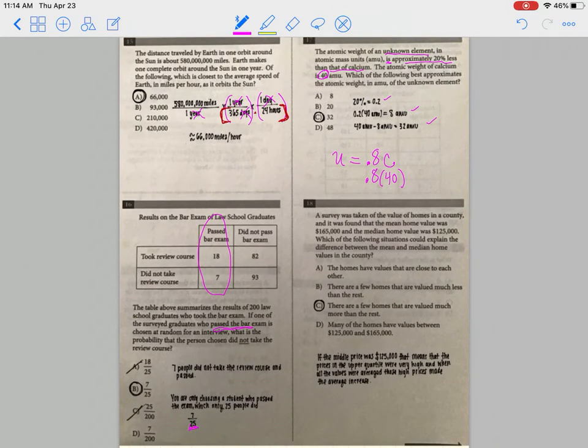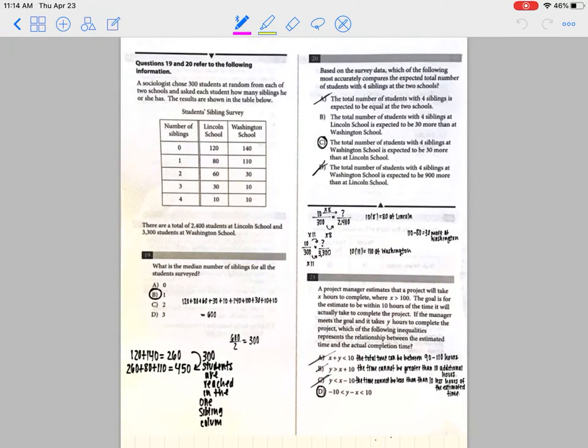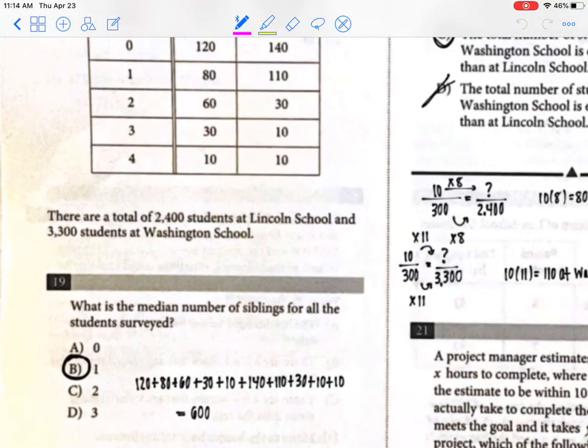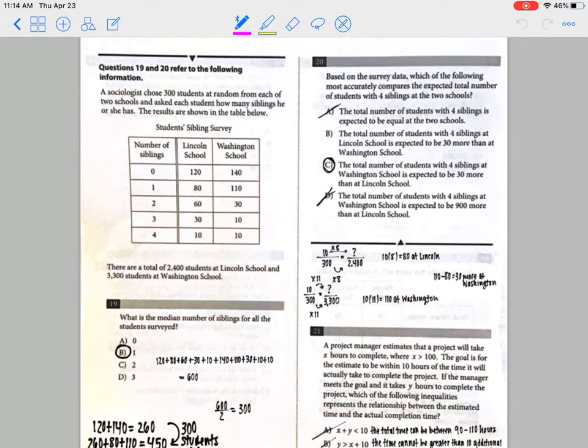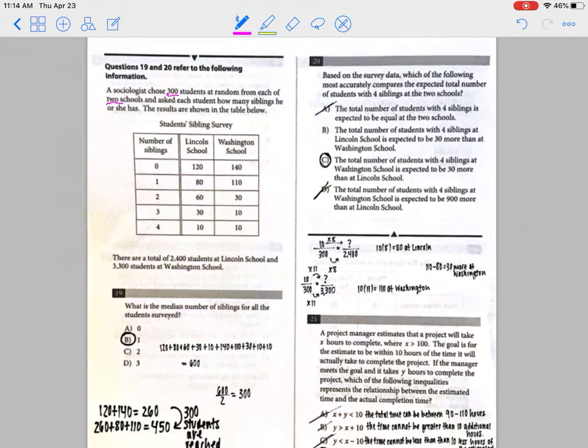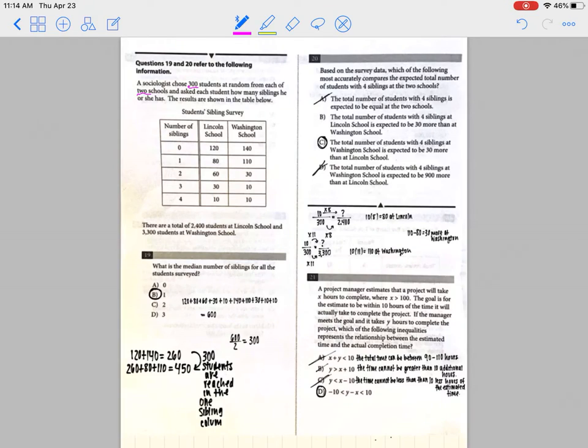All right, I'm going to move on to 19. 19, I was like, what do you mean you have a question on what the median number of siblings is? But I can see here you're not just lining up 300 for 2 schools, so that you're not lining up 600 pieces of data. That's ridiculous, and seeing which one's in the middle. So for 600 pieces of data, you're really looking for the 300th and the 301st, basically in between them.